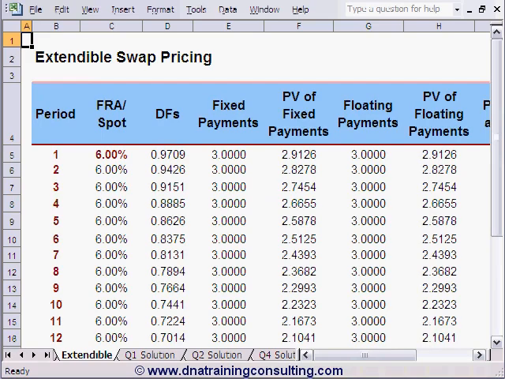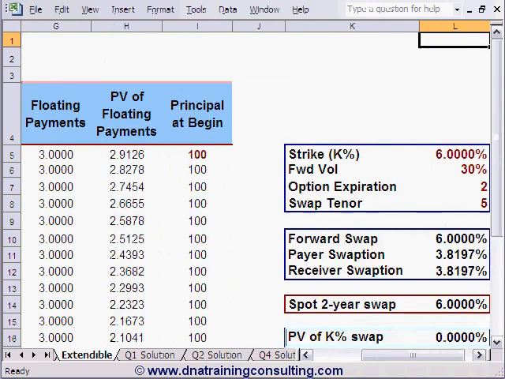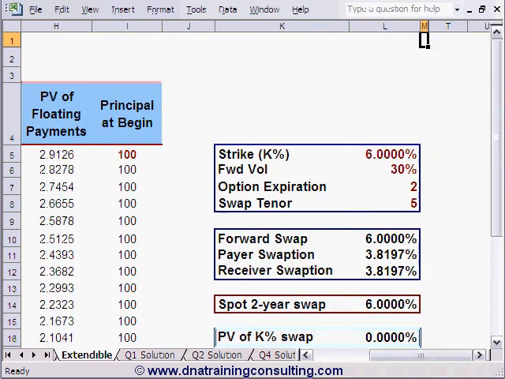Worksheet Extendable contains pricing for both the 2-year swap and the 2x5 payer swaption. You will need to review our earlier modules on interest rate forwards and swaps if you do not remember how to calculate the PV of an IRS.